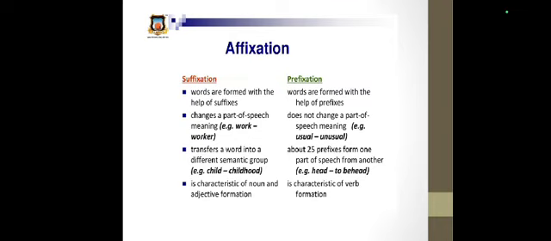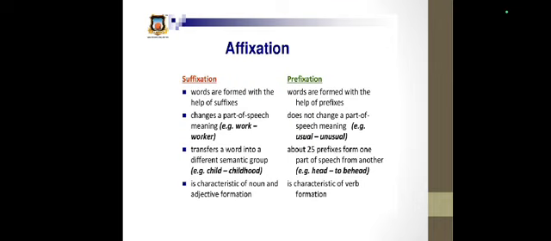Suffixation changes a part of speech meaning. For example, work, if we add a suffix to that word work, now the word has changed. It's worker. And in prefixation, it does not change the part of speech meaning. For example, usual, if we add a prefix to that word usual, it is unusual.